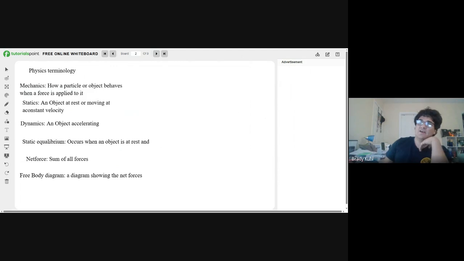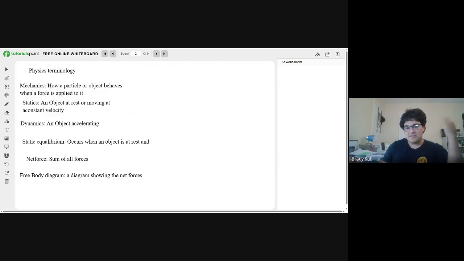But statics is an object at rest or moving at a constant velocity. It's hard to explain, but I will explain it to you mathematically. Force is mass times acceleration. When the object has a constant velocity, the acceleration is zero.